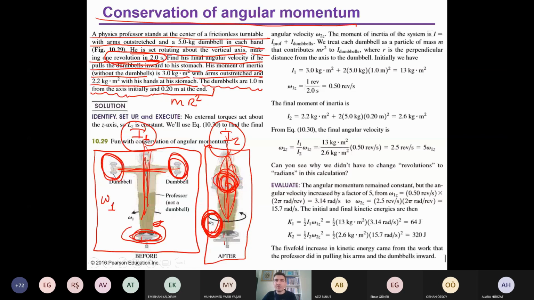The moment of inertia of the system, professor and dumbbells, is given by I professor plus I dumbbells. Okay, so this is the moment of inertia in the first case.